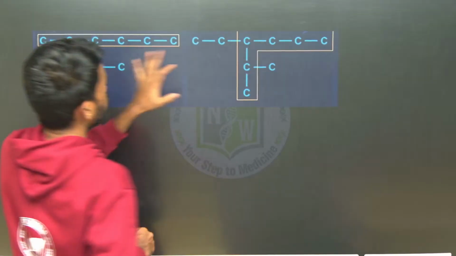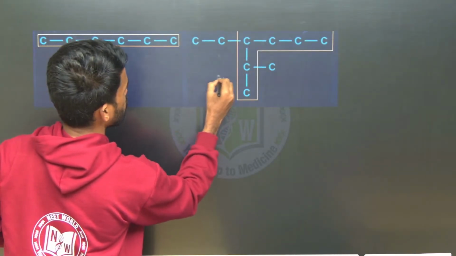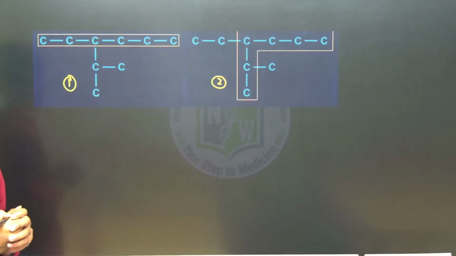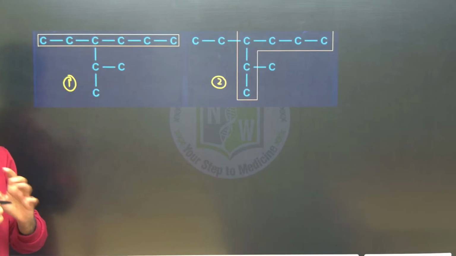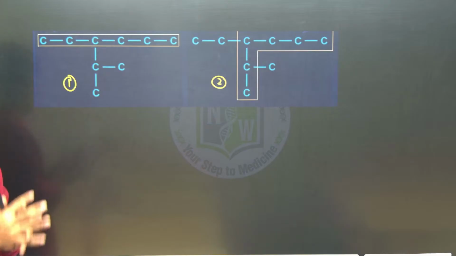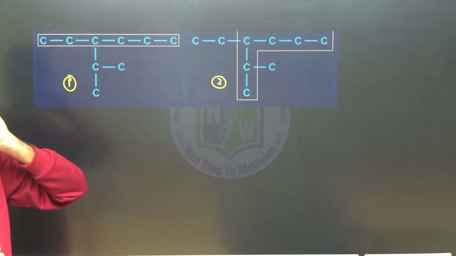See, I have two chains. Identify the longest hydrocarbon chain first out of these two. Both of them have an equal number of carbons, but I want the parent chain. Which one is the parent chain out of these two? The second one.